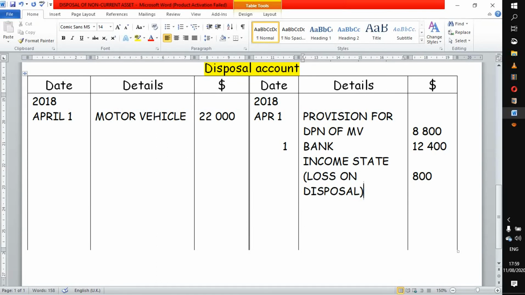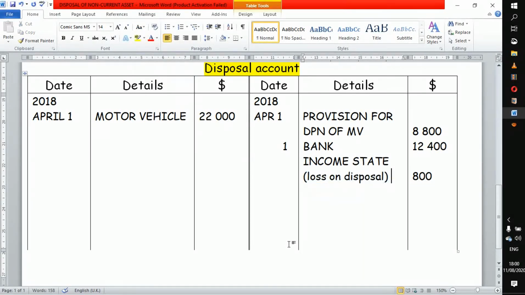This is the loss on disposal because, as you can see, our asset could not make up its original value. After depreciating it, after selling it for this amount, still we could not recover the full amount of 22,000. So it means we made a loss on disposal of 800.